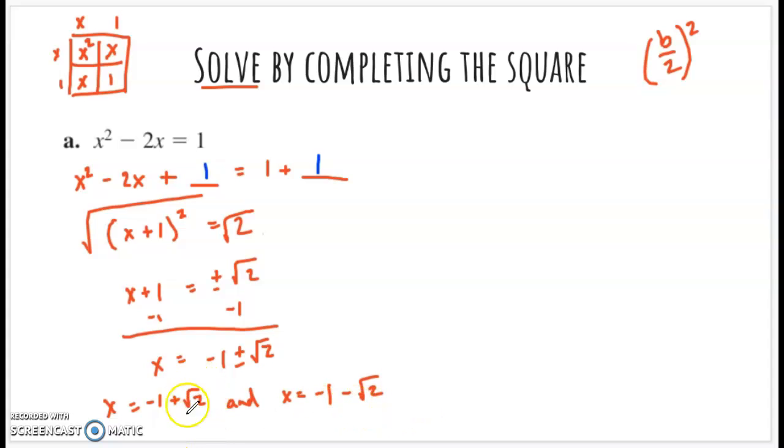At this point, you could grab your calculator and actually do the math to figure out negative 1 plus the square root of 2 gives you 0.4 rounded, and negative 1 minus the square root of 2 gives you negative 2.4 rounded.